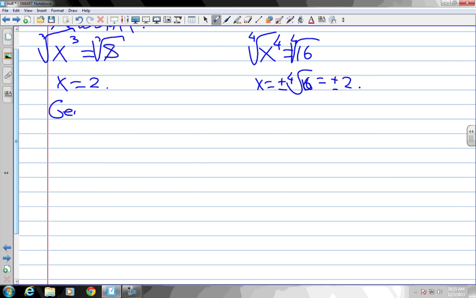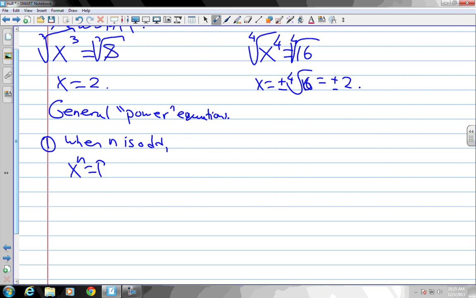So in general, let's call them power equations. When n is odd, the equation x to the power n equals b is solved by taking the nth root.